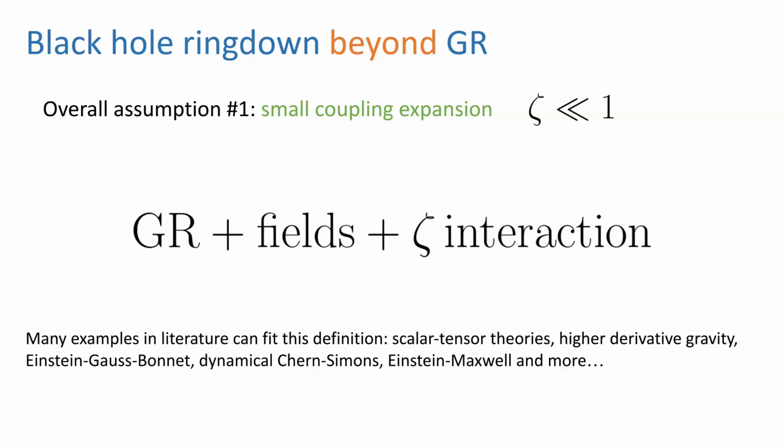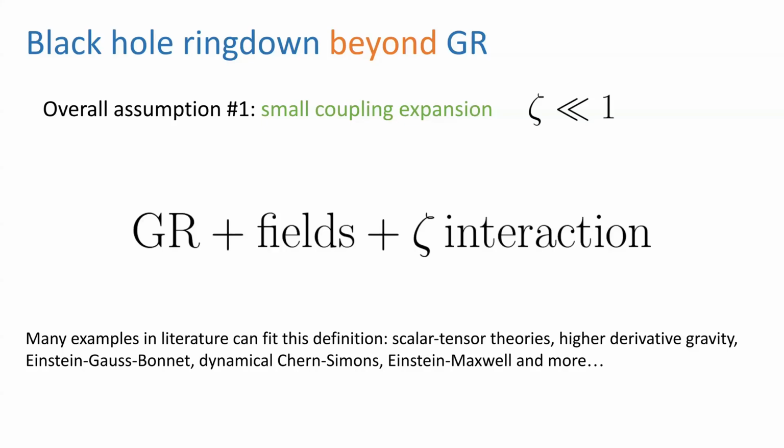There are in general two strategies that are very convenient, by making some assumptions on our theory beyond general relativity. The first assumption that usually has been made is that the theory has an action of this form. It will be general relativity plus, in case, some additional fields. This is not necessary, but if they are there, they have their own dynamics. And then some interaction term that couples those additional fields to general relativity, or metric terms coupled in a non-GR way between themselves.